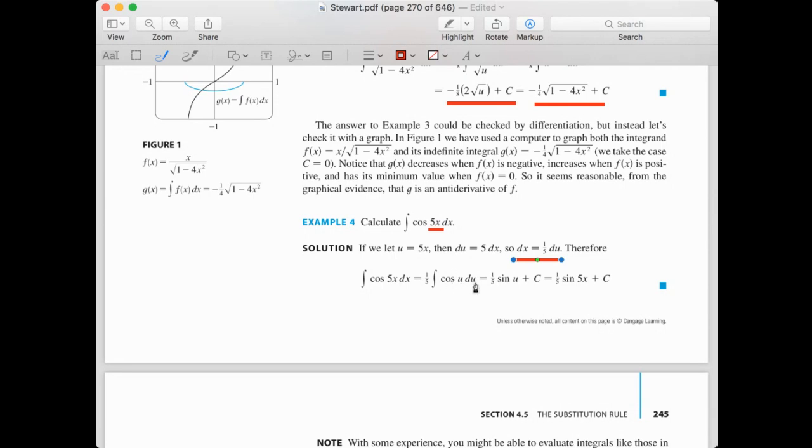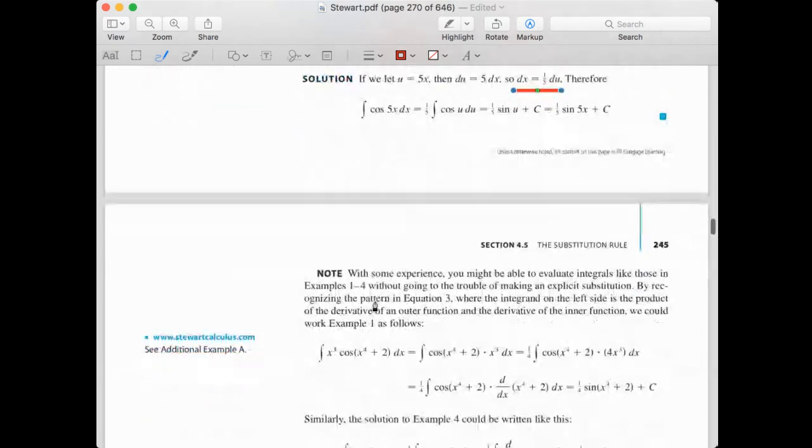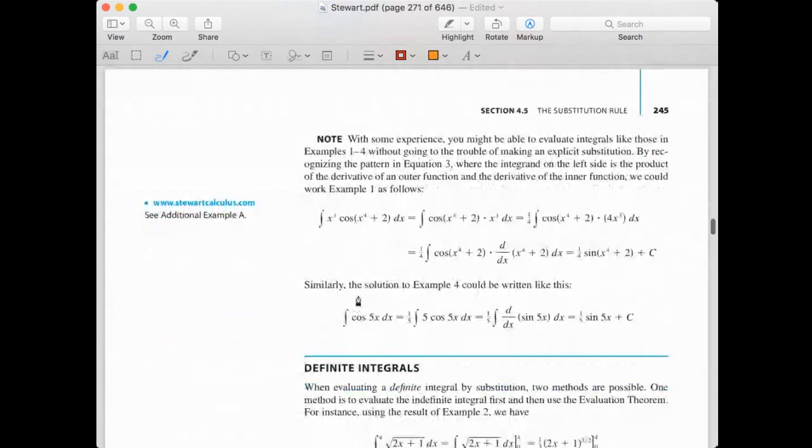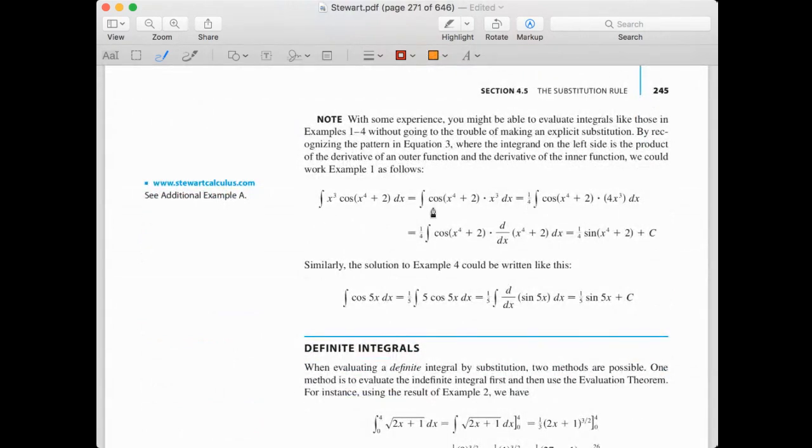We know how to anti-differentiate cosine u. That's sine u. Then we write back into x term. So 1/5 sine 5x plus c. Well, let's see this one. Oh, this one we already did.